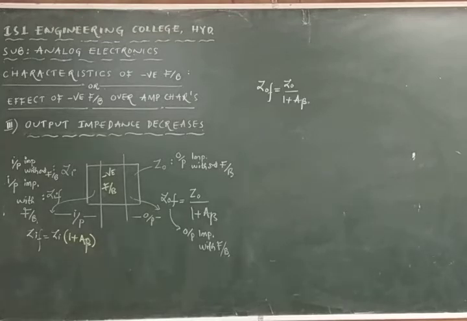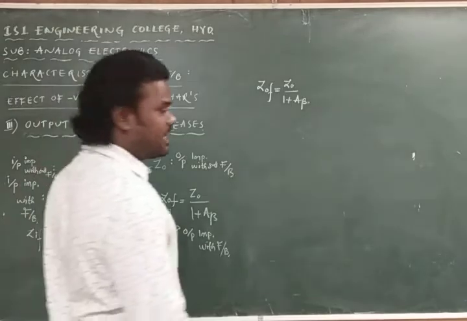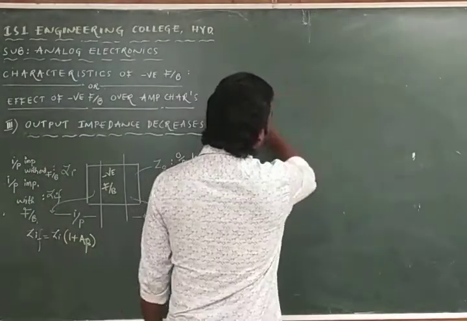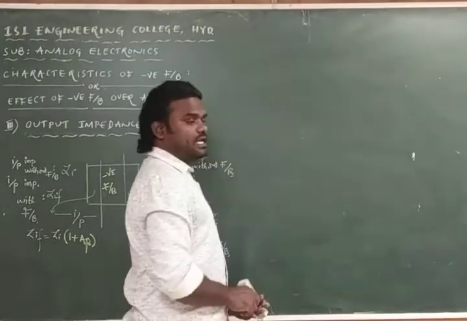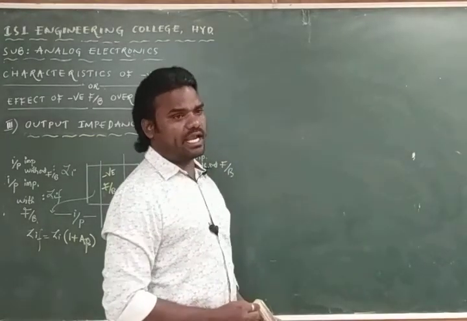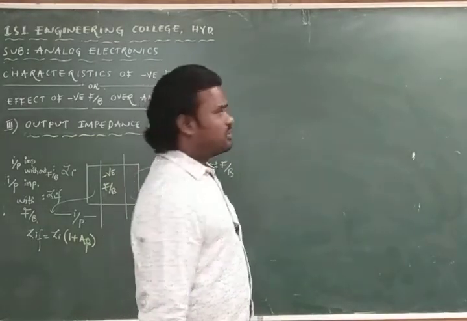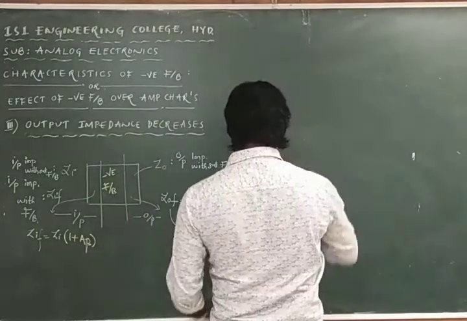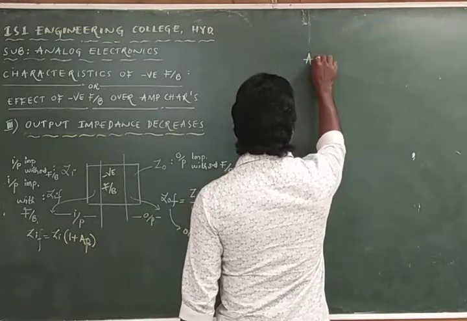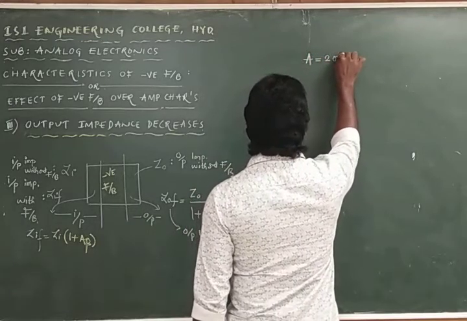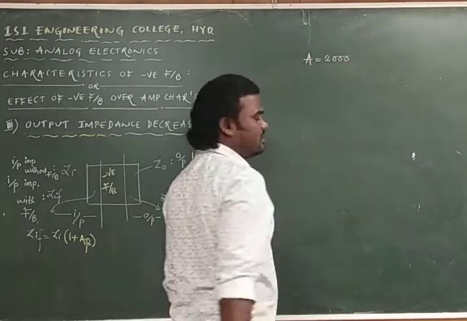Then I am going to solve that problem. First read the question carefully so that you can easily understand it. An amplifier section is employed with negative feedback with the open loop gain. Open loop gain is denoted with capital A and it is given as 2000. Just now I explained gain doesn't have any units.